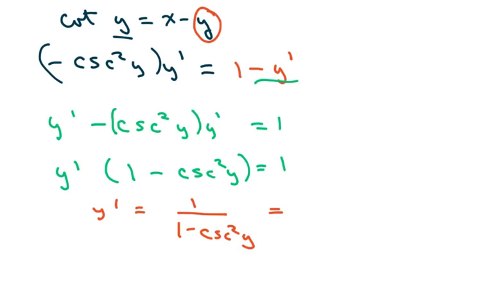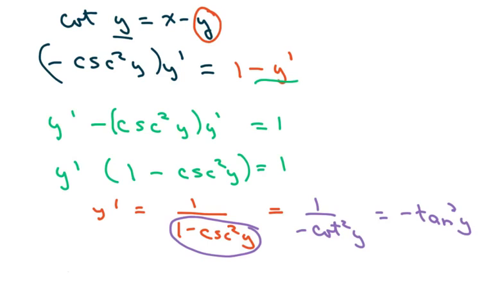And from your trig identities, you should know that negative tan squared equals 1. Well, let's just do it this way. This right here equals 1 over negative cotan squared of y, which equals negative tan squared of y, because of my reciprocal identities.